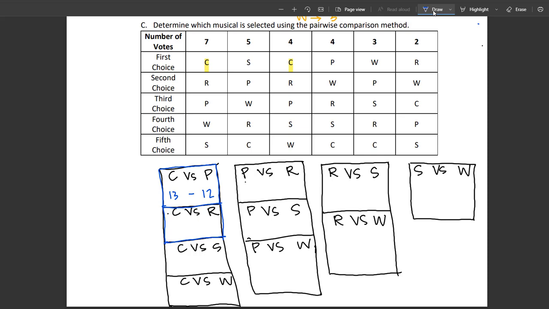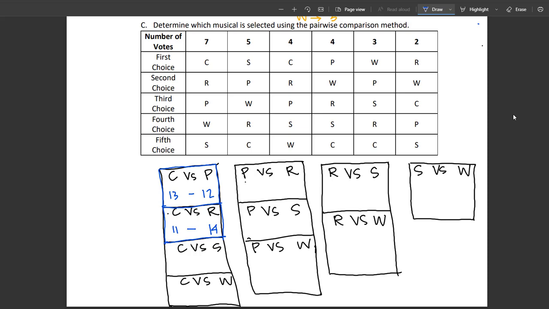So we have 7 plus 4, we have 11. And then all the other places where Rent is higher, we have Rent higher here, here, here, and here. So we have 5 plus 4 plus 3 plus 2. So Rent has 14 total higher place votes.